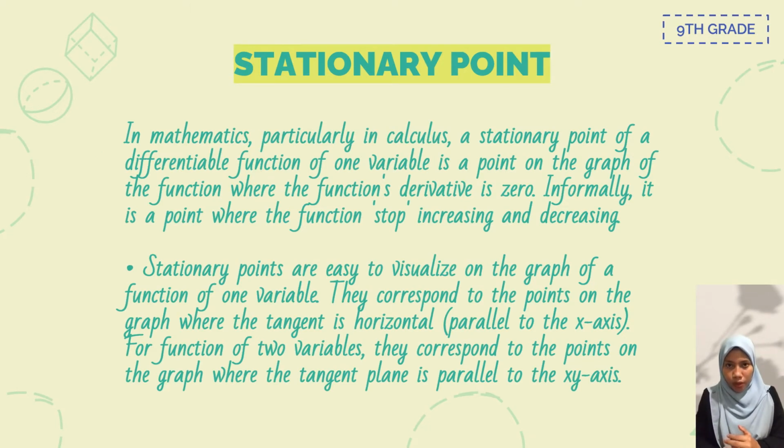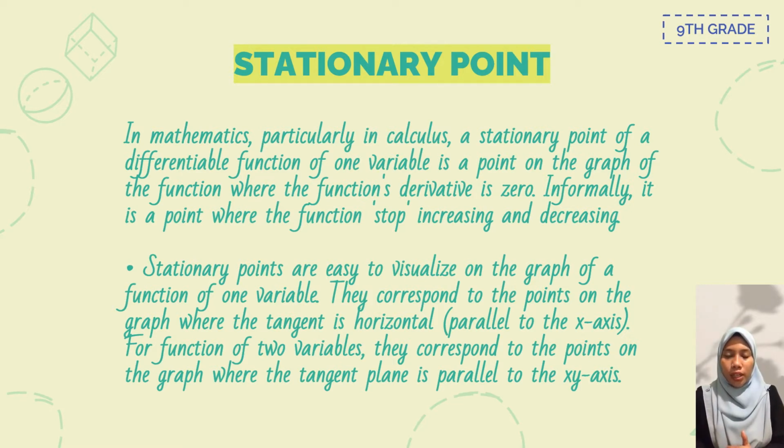Alright, so the first point is in mathematics, particularly in calculus, a stationary point of a differentiable function of one variable is a point on the graph of the function where the function's derivative is 0. Informally, it is a point where the function stops increasing and decreasing.